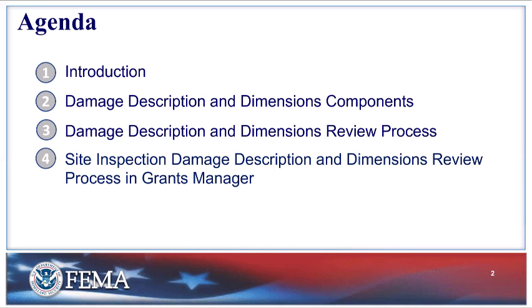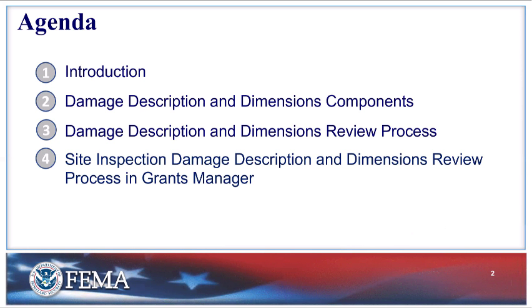So here's our agenda. We're going to talk about the introduction, our damage description and dimensions components, our damage description and dimensions review process, and site inspection, damage description and dimensions review, grant process, and Grants Manager. So first of all, the introduction comes into play at the beginning of the PA delivery model and in describing our damage description and dimensions.